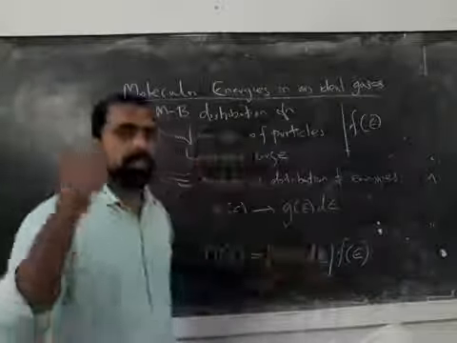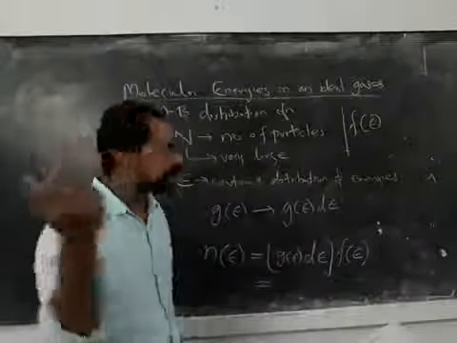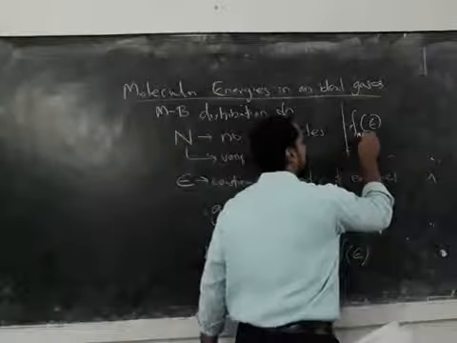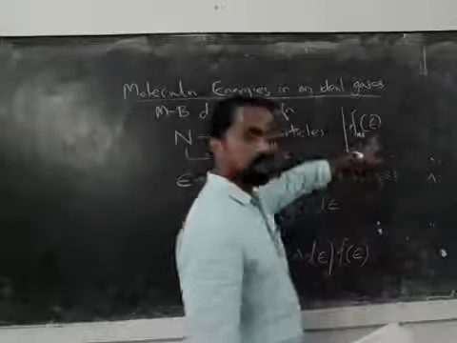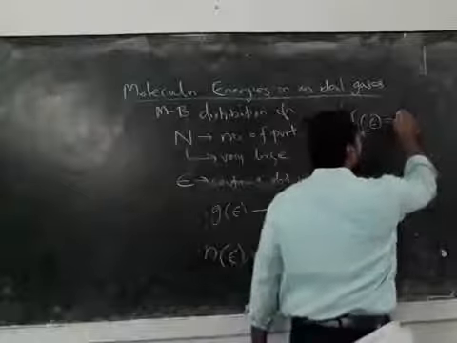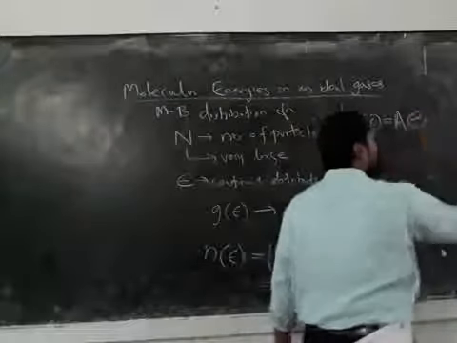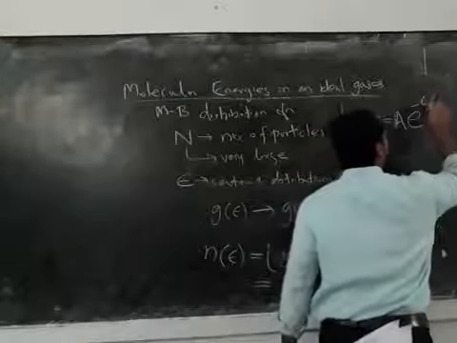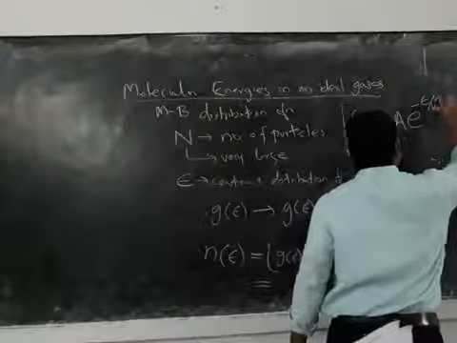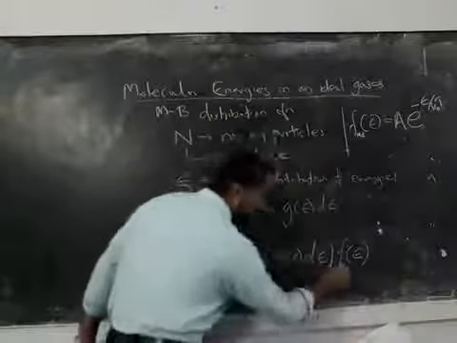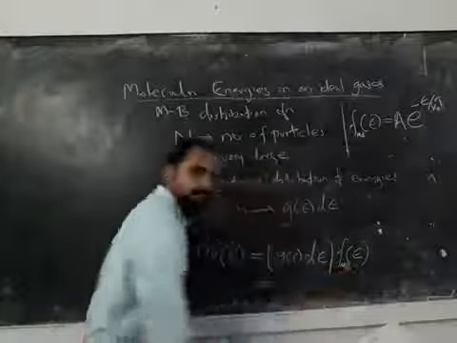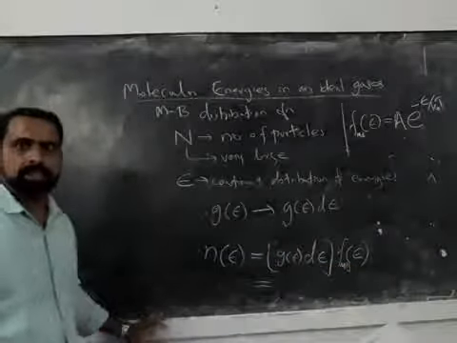Actually we wrote it as f suffix MB of epsilon. So I am just writing it: f MB of epsilon is equal to A e raised to minus epsilon by kBT. I am using the suffix MB here also, so that you won't get any confusion.